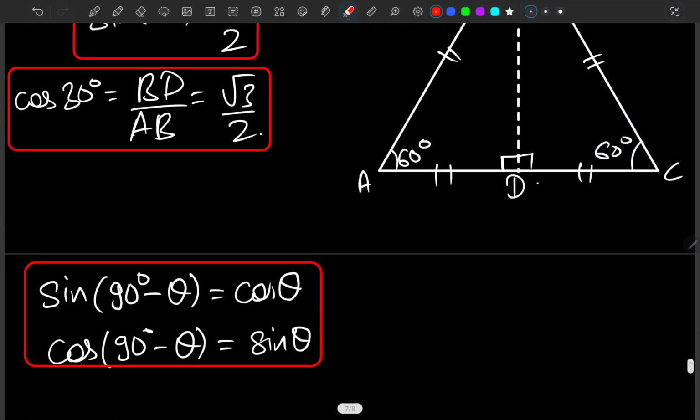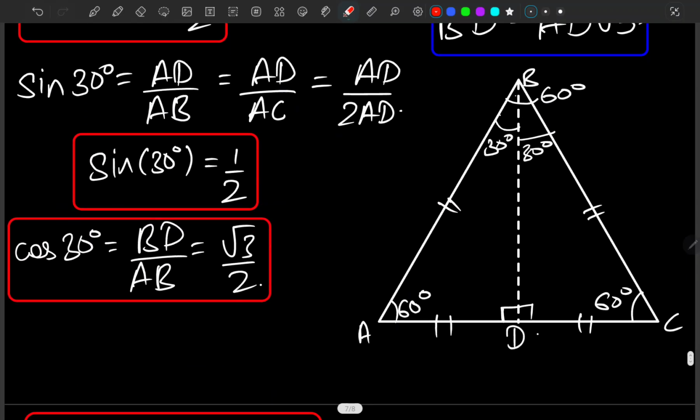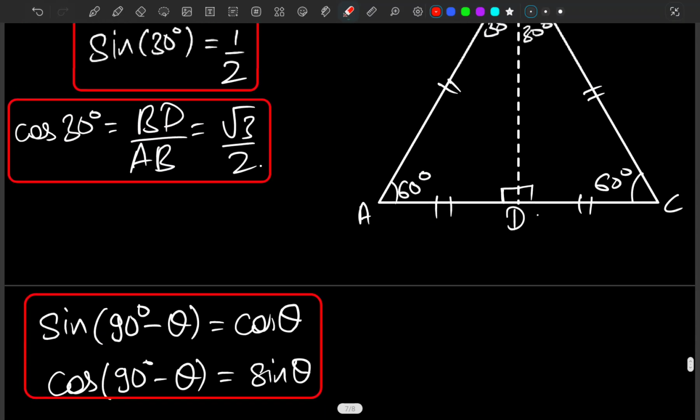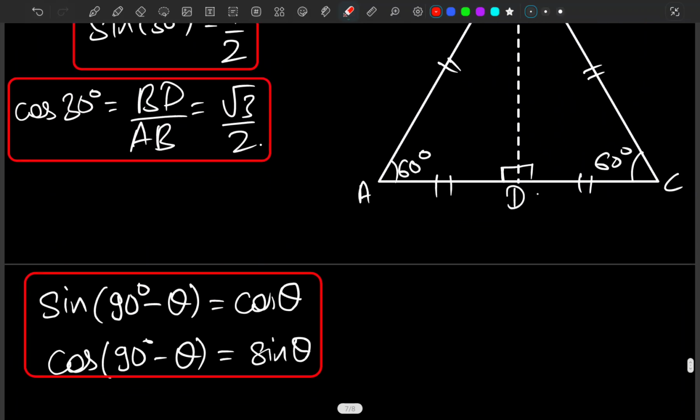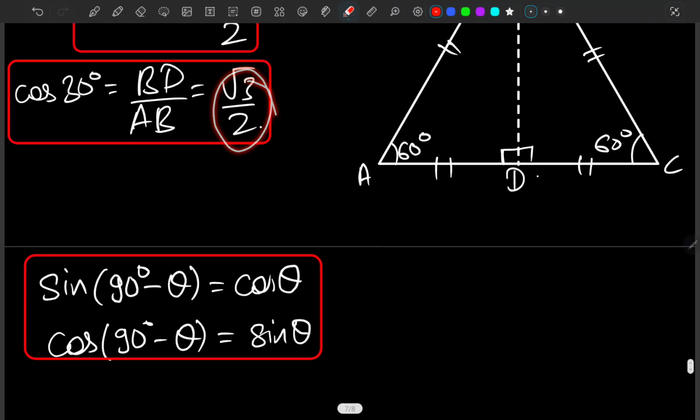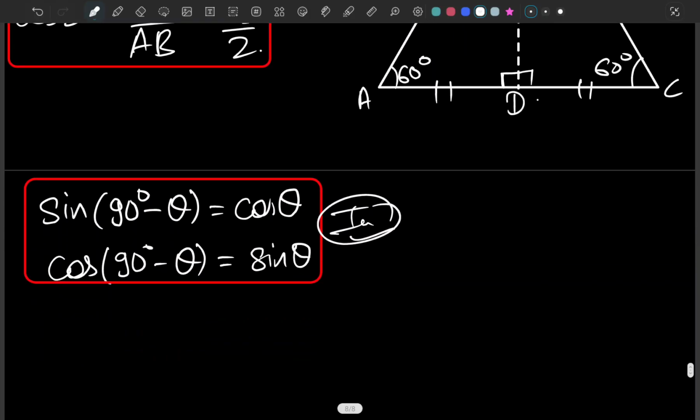Sine of 60 degrees is square root of 3 over 2 from here, and cosine of 30 degrees is square root of 3 over 2 as well, right? So again, it's an important identity, literally important. And these two things are very useful in the integral world actually.